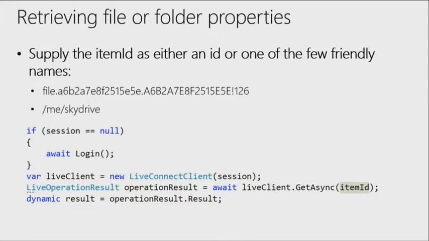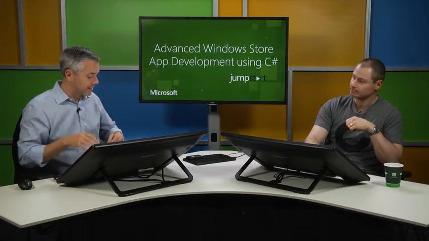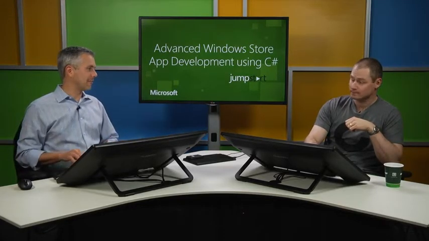Once we're there, we're saying get async, and we're calling an item ID, and we're bringing back the dynamic results. This is the pattern that we use when we're interacting with these APIs, and you've seen it with Jerry's interactions. You use the dynamic keyword there because from that point forward you can say result.id, result.name, and so on. You don't get IntelliSense, but it's easier than having to pass in the string.